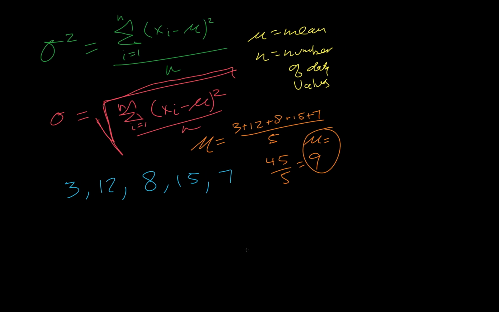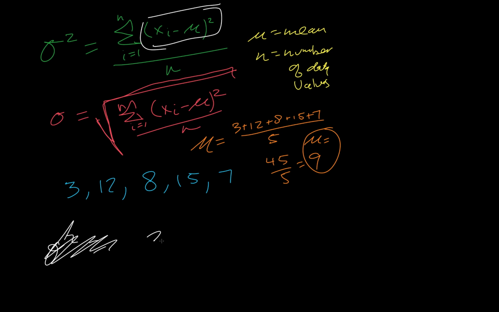Okay, so let's find the variance first. So we'll do sigma squared equals. Now, I'm only going to focus on the top of this first. So we're going to take each data point and then subtract the mean and then square it. So I'm not going to actually do that part yet.